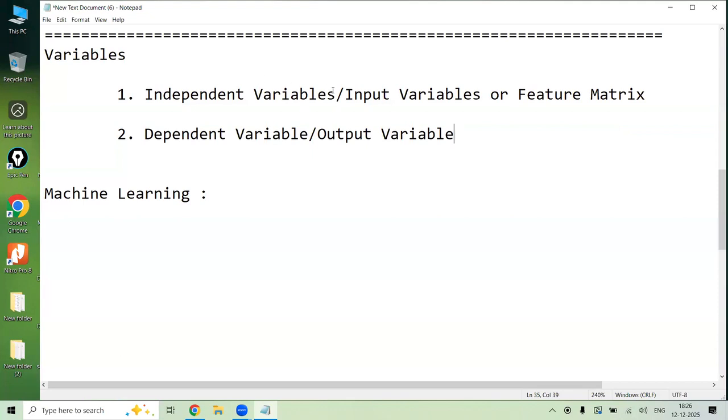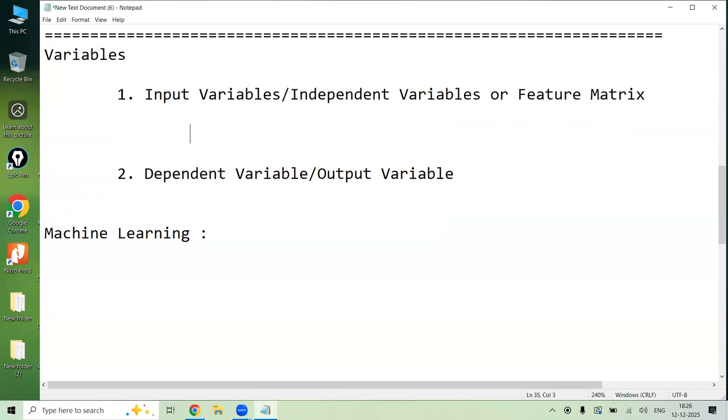Independent variables, also called input variables, can be single or multiple. How many independent variables can there be? One or more than one. Whereas how many output variables will there be? Only one will be available.